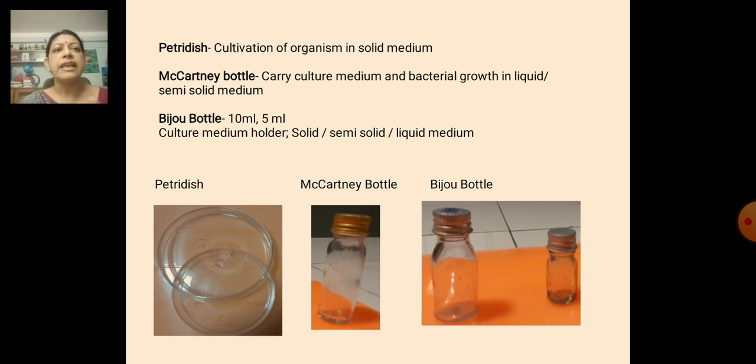The Bijou bottle is of two sizes, the large Bijou bottle and the small Bijou bottle, one of 10 ml capacity and the other of 5 ml capacity. They are used to culture the media in solid, semi-solid as well as liquid medium. We can also grow the microorganisms in the Bijou bottle. That is called culturing or cultivation of the bacteria.